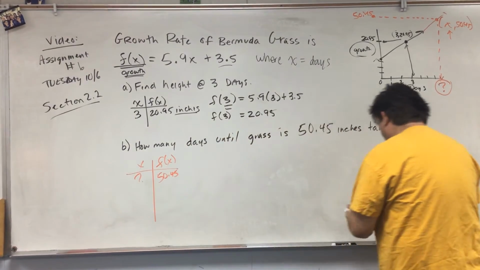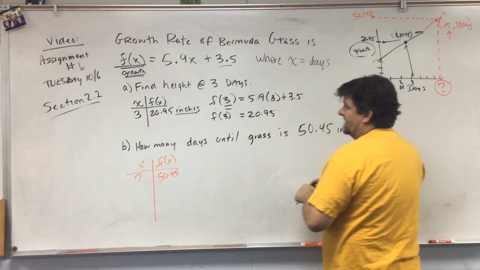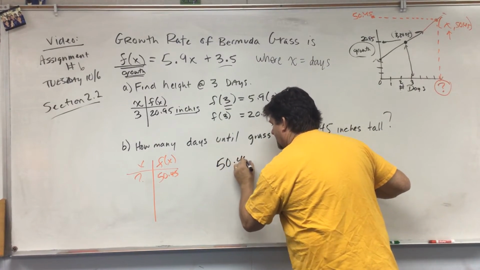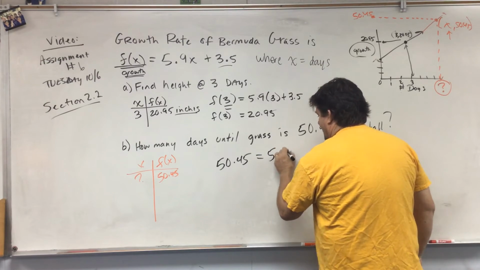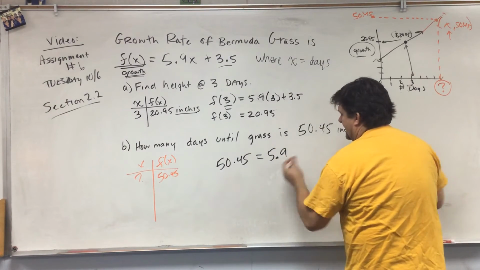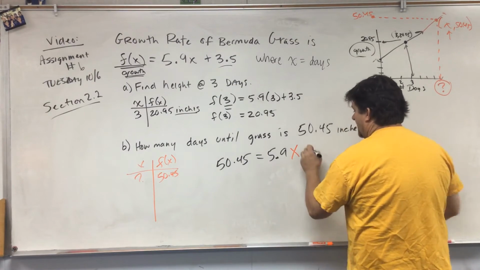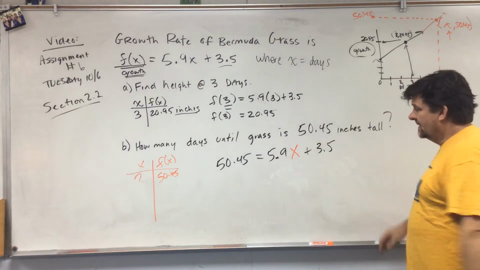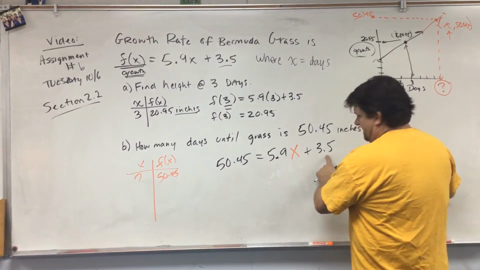So then I use my equation. Here's my relationship or my function. I know my growth is 50.45, and that is equal to 5.9x plus 3.5. Now we just got an equation for you guys to solve.